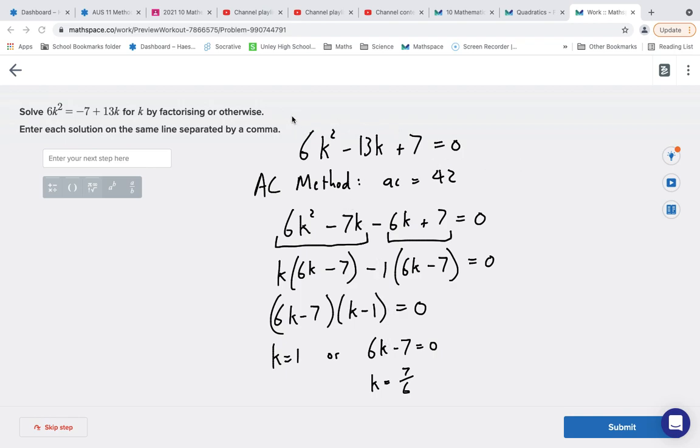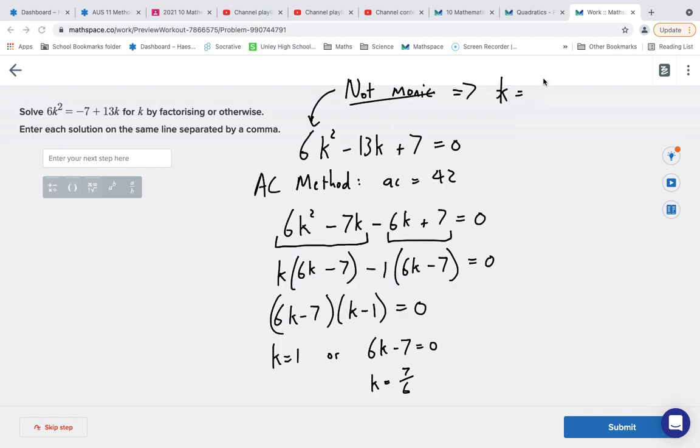The fact that this quadratic was non-monic, right, this means it's not 1, means use the quadratic formula most of the time. Well, we don't have x's, we've got k's.